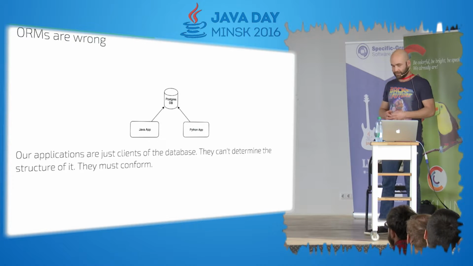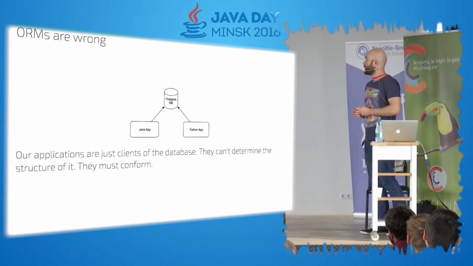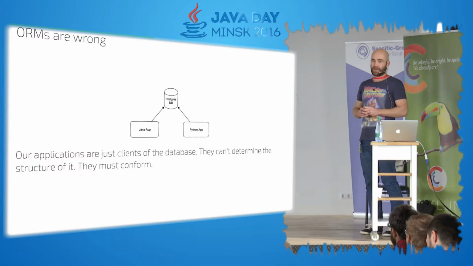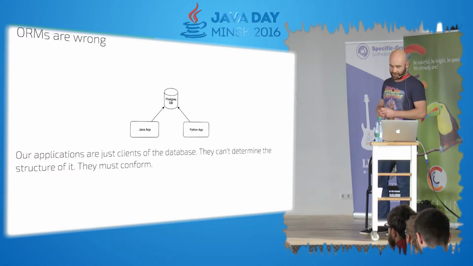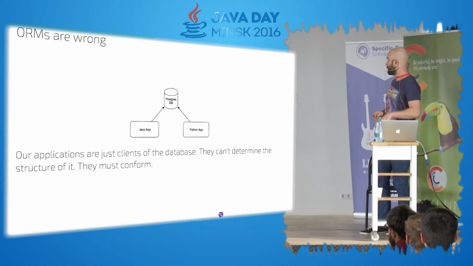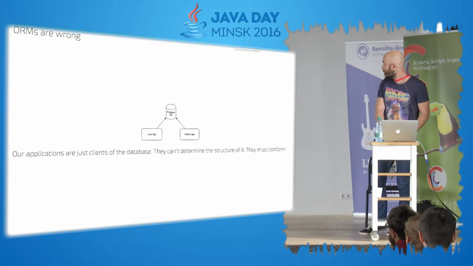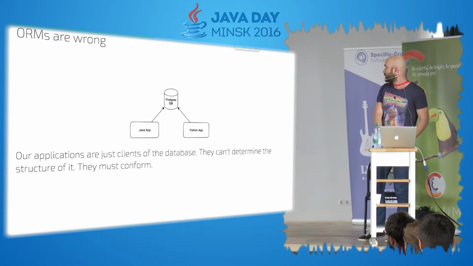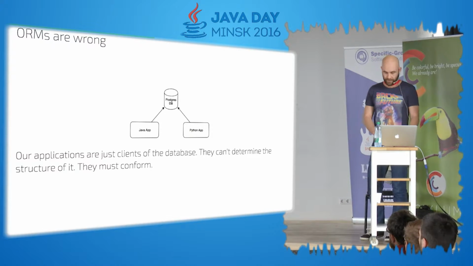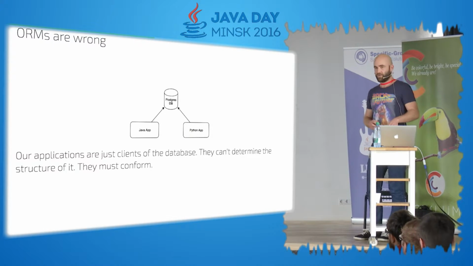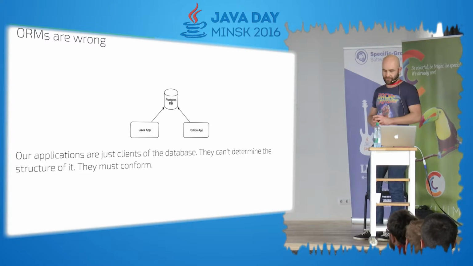A typical example would be that in our system we would have several components addressing the same database. In this example I have a Java application and a Python application addressing the same Postgres database. And it's not for either of those applications to decide how the database should be structured.